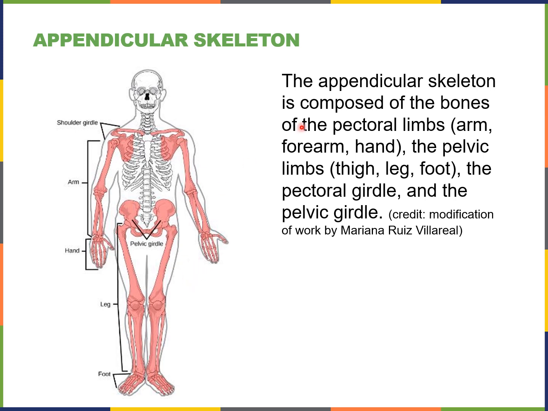Now we're looking at our upper limbs, our lower limbs, as well as our pectoral and pelvic girdles. So pectoral limbs would be your arm, forearm, and hand. Pelvic limbs would be your thigh, leg, and foot. And the pectoral girdle up on top is also known as the shoulder girdle, and the pelvic girdle is on the bottom.